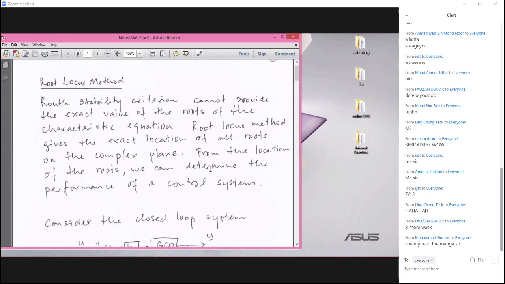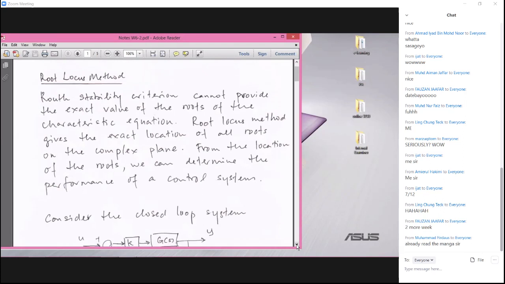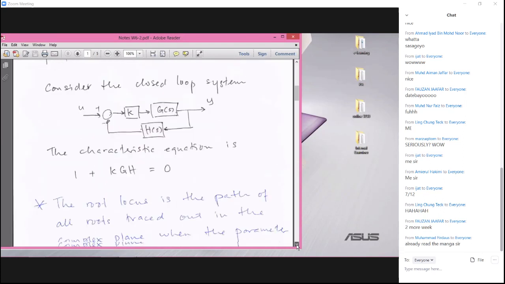From the location of the roots, we can determine the performance of a control system. The exact performance of the control system will depend on the location of the roots on the complex plane. So how do we do that? How do we trace out the location of the roots of the characteristic equation?